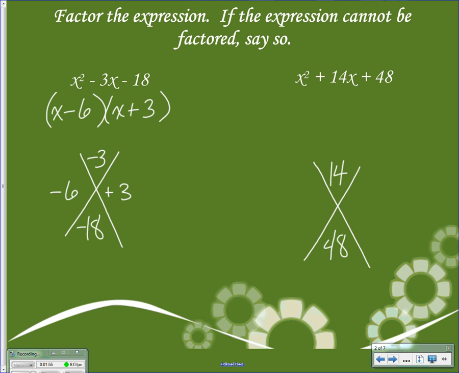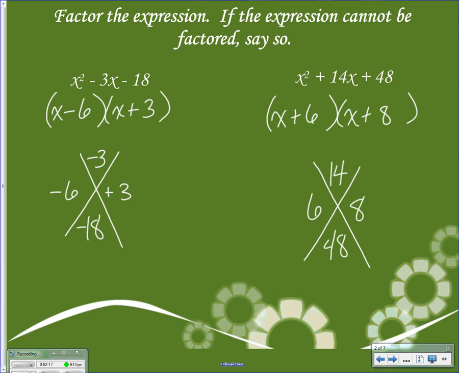Let's see, what else is 48? 6 times 8 is 48, and 6 plus 8 is 14. So it's going to be positive 6 and positive 8. So if we factor here, I'm going to get x plus 6 and x plus 8.